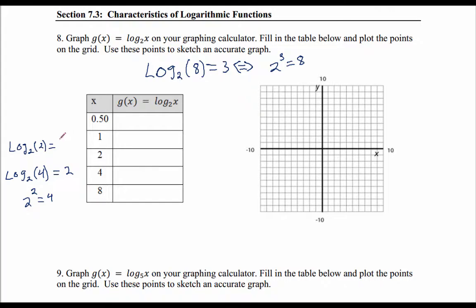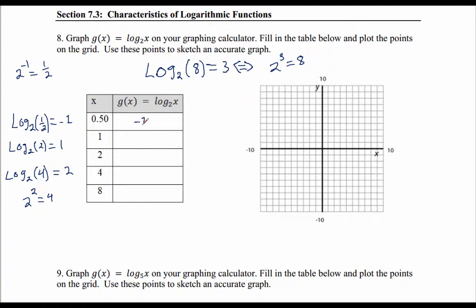That's going to have to be equal to 1, because the exponent on a 2 that gets me 2 has got to be equal to 1. Now, the last one here is a little bit trickier. Logarithm base 2 of a half, because that's what 0.5 is. Well, 2 to the negative 1 is equal to 1 over 2, so that tells me that this must be equal to negative 1.